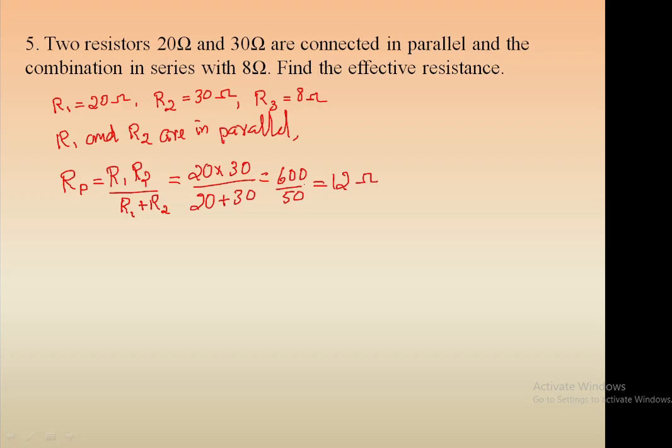So this effective resistance is in series with the third resistance, that is R3 is equal to 8 ohm. So this Rp and the third resistance R3 are in series. Now what is the total effective resistance?